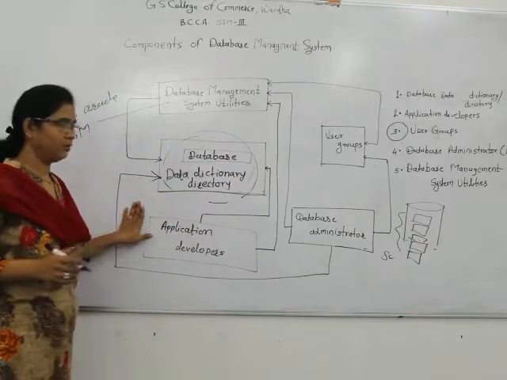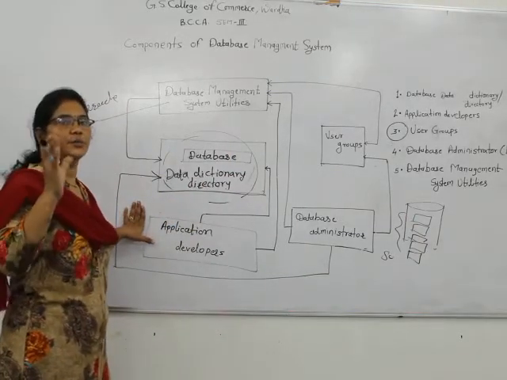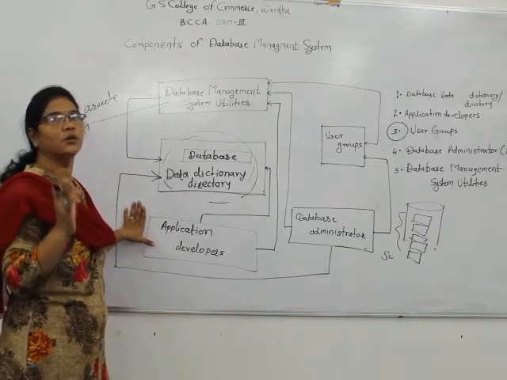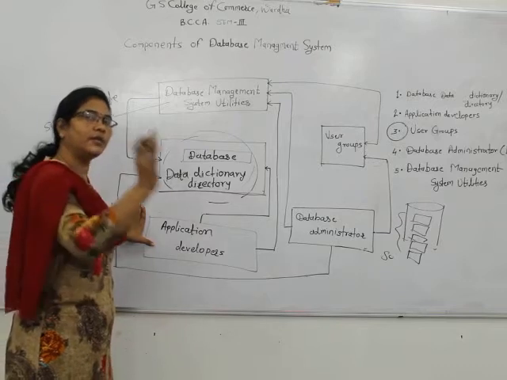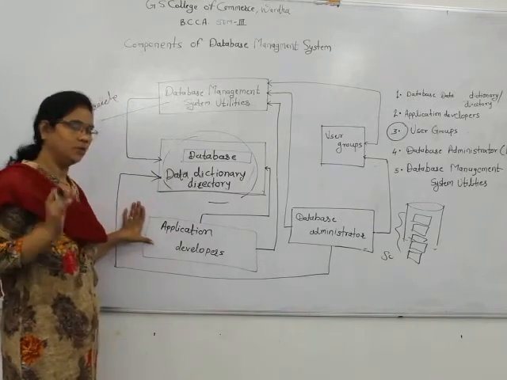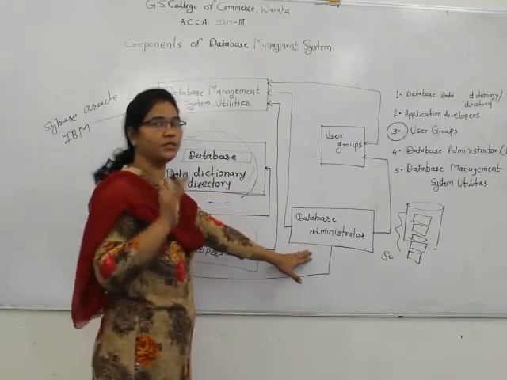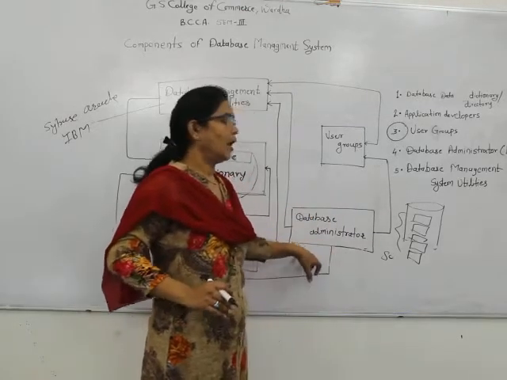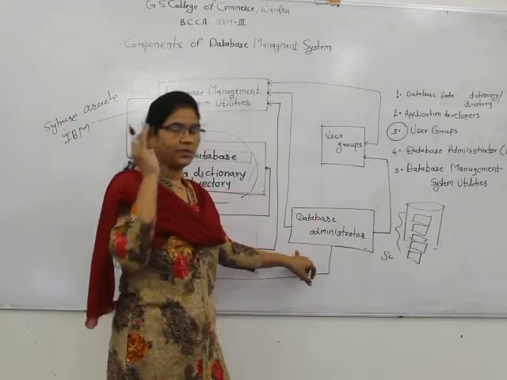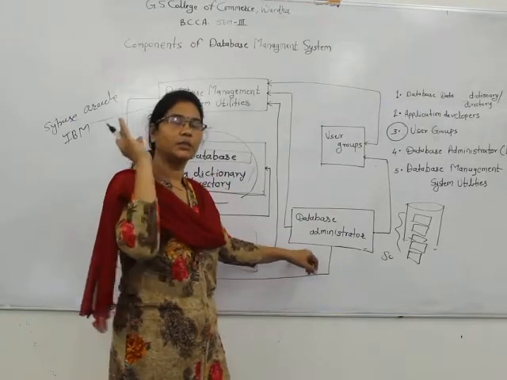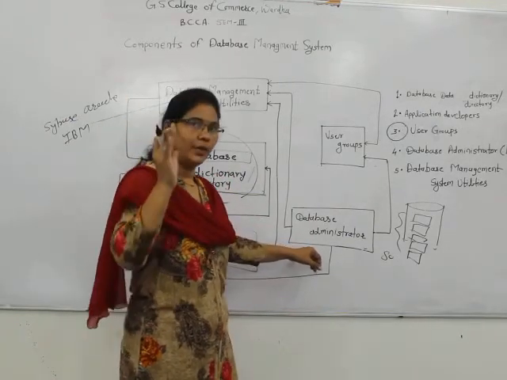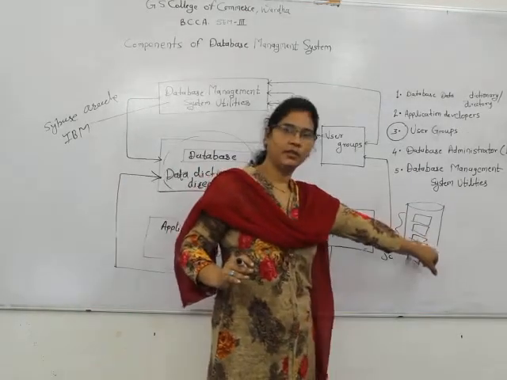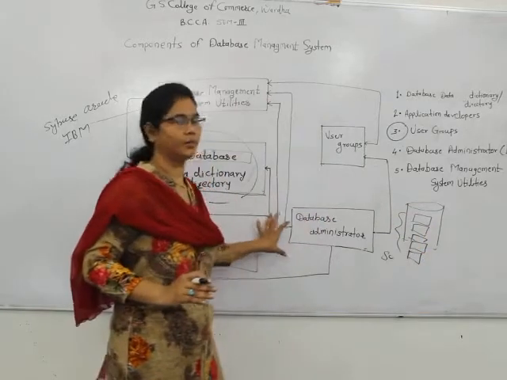Then the application developer is the expert group of people who create the application for our database, which is used by the end user. The database administrator is the expert group of people who deal with designing the database and maintaining the database.